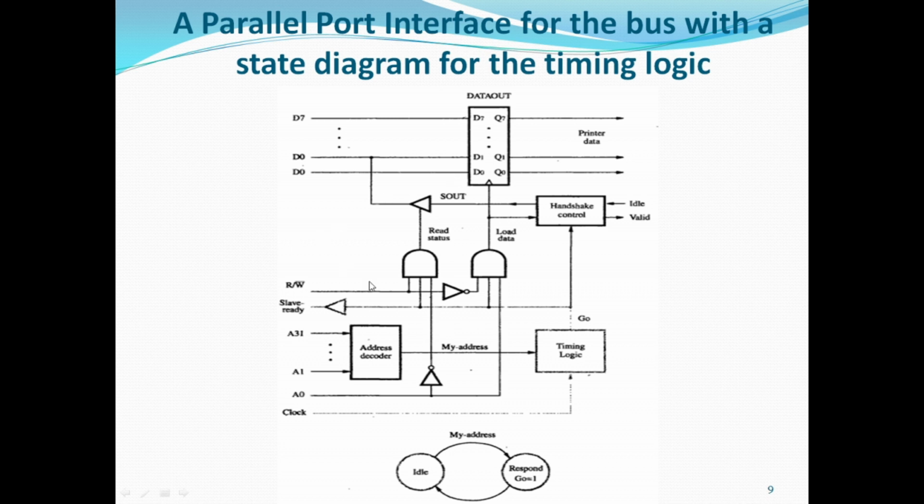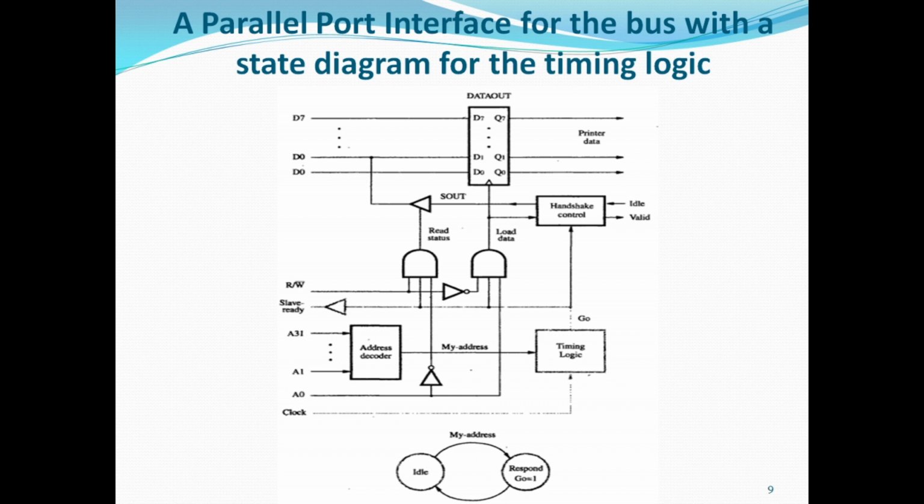This circuit contains a timing logic block, which is used to generate the load data and read status signals. The state diagram for this block is illustrated here. Initially the machine is in the idle state.